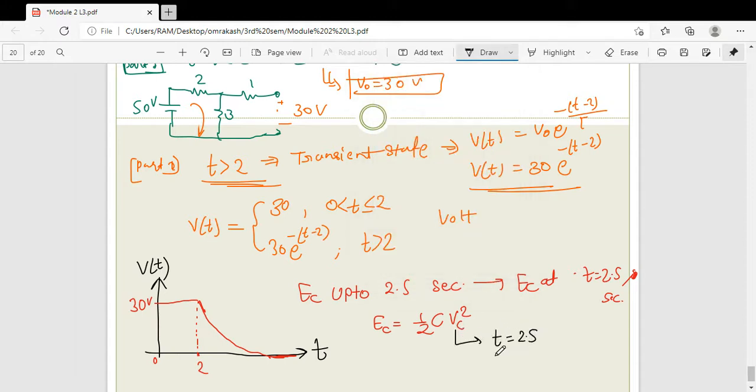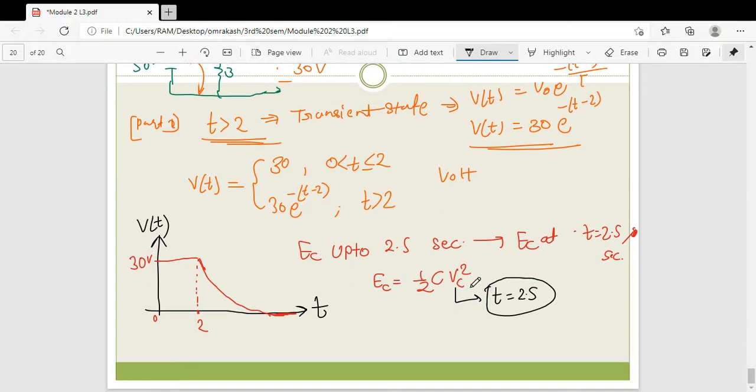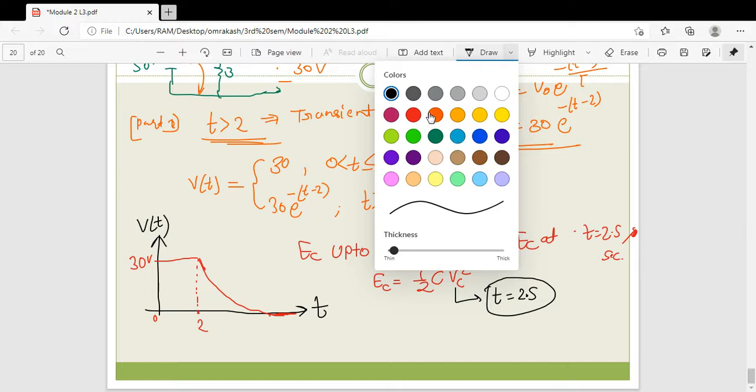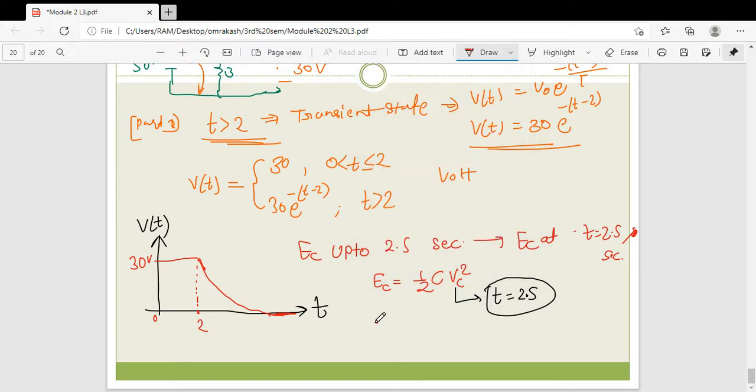T equal to 2.5. Find the voltage at t equal to 2.5 and solve it. So first of all find out VC at t equal to 2.5. This is 30 e to the power of, put that value, you will get 1 by 2, and when you solve this you will get 18.19 volt, right?